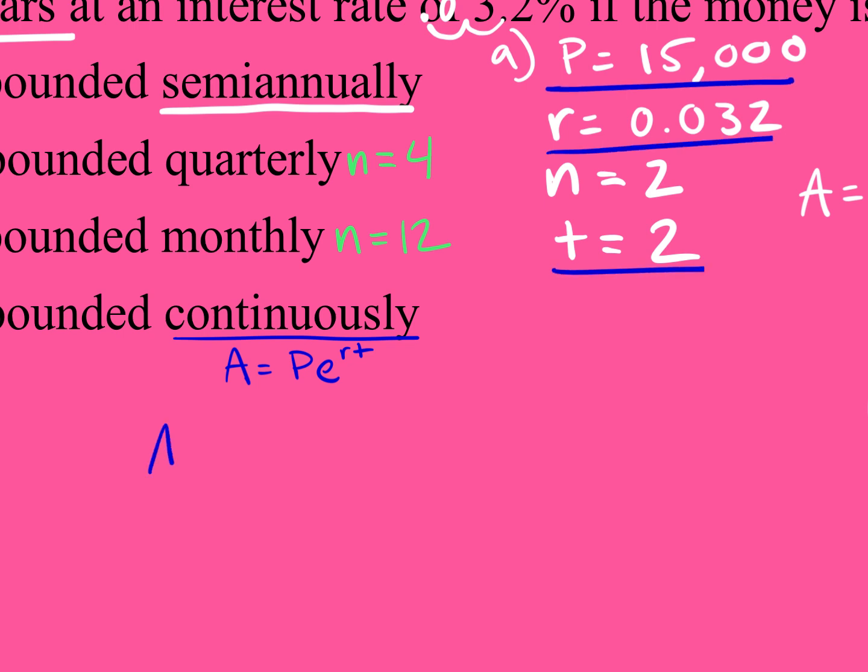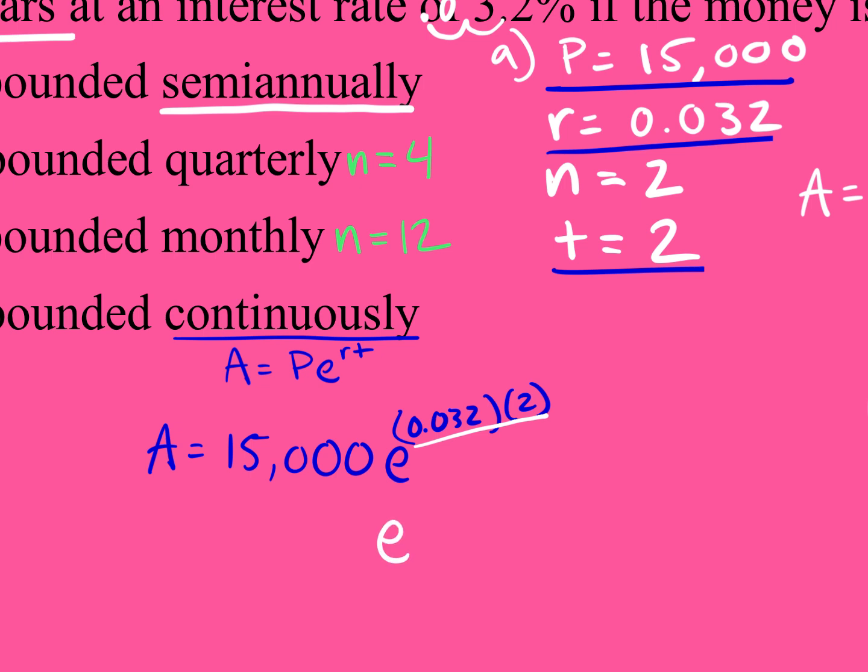So let's plug that in. A is equal to 15,000 times E to the power of 0.032 times T, which is 2. So first thing I want to do is the exponent. In my calculator, I'm going to put 0.032 times 2.